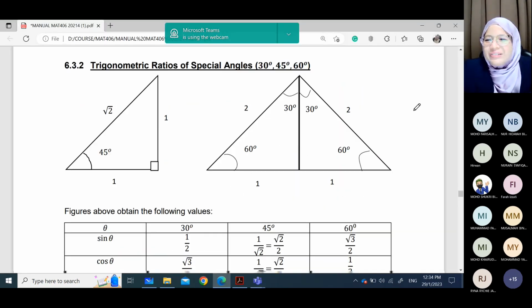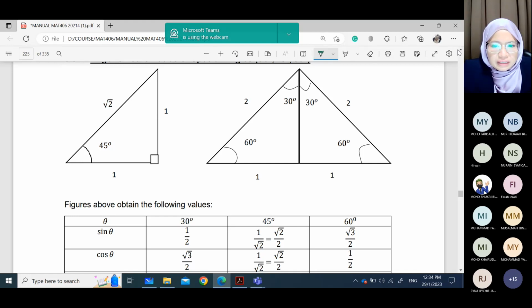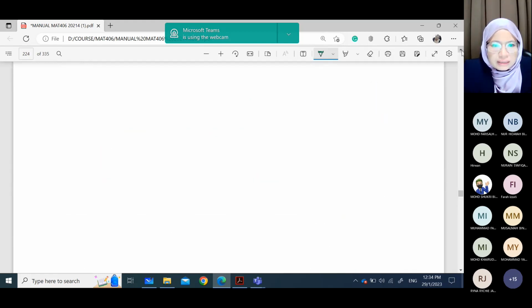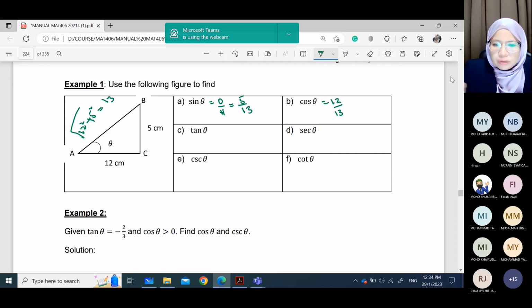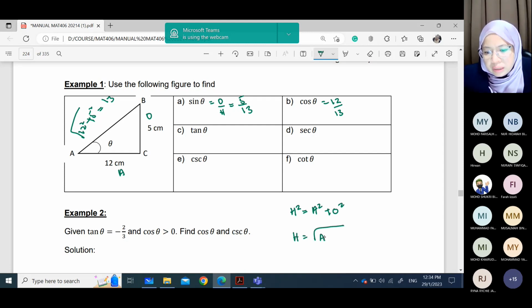Okay. Thank you. Okay, so ini adalah trigonometry lah. So kiraan bagi hypotenuse kat sini. So H, tadi kita tahu dah H squared sama juga dengan adjacent squared plus O squared. So kalau kita nak H sahaja, H is square root A squared plus O squared.